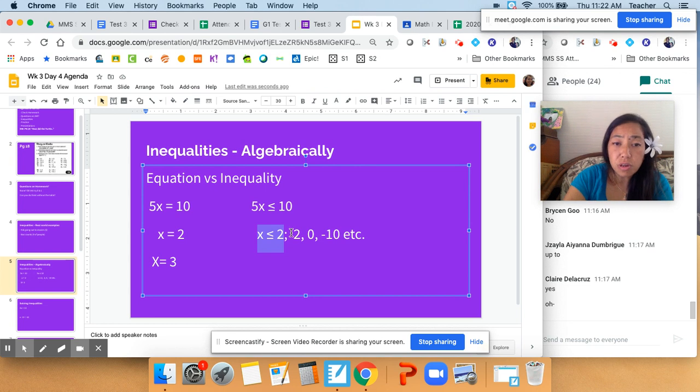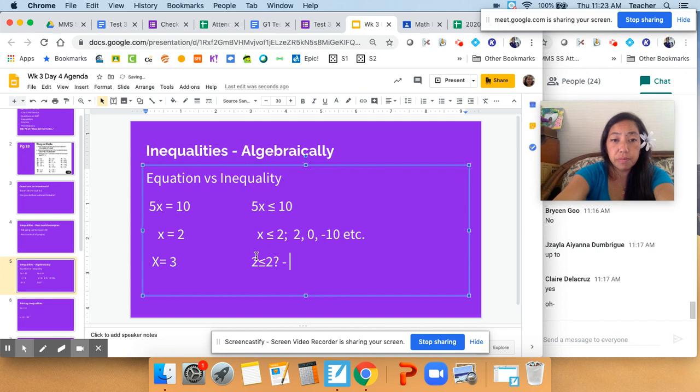But if you look over here, because it has that little underline, that's the equal to part. So if I filled in 2, is 2 less than or equal to 2?